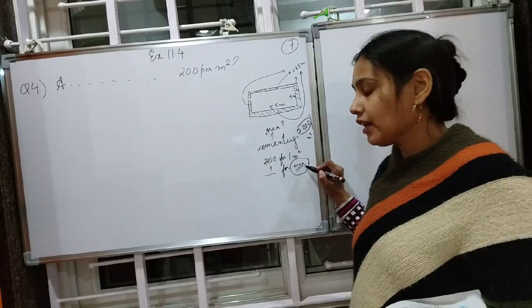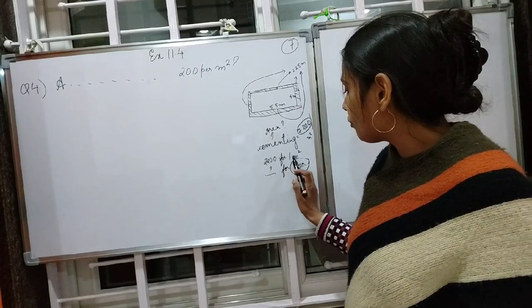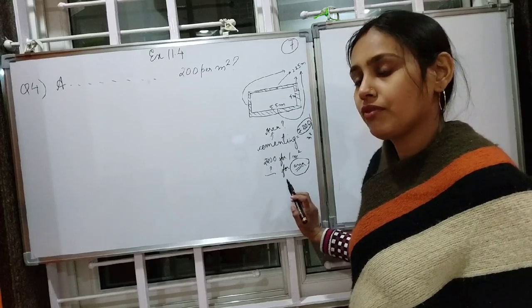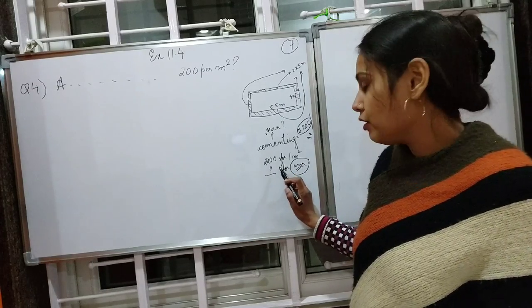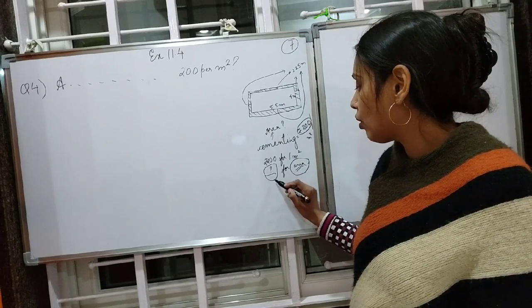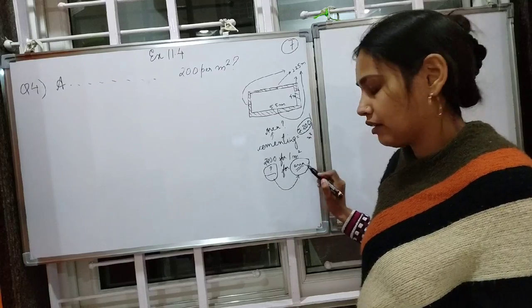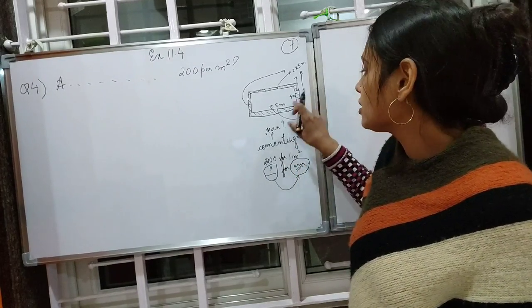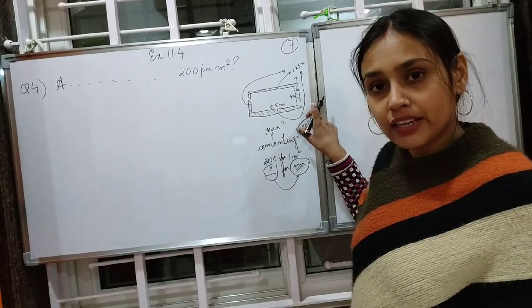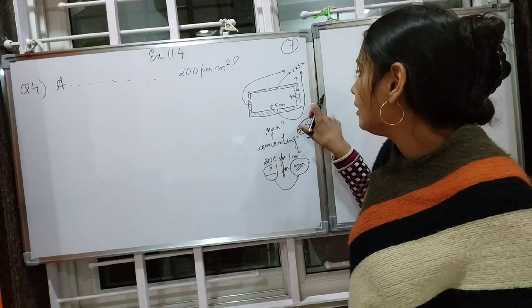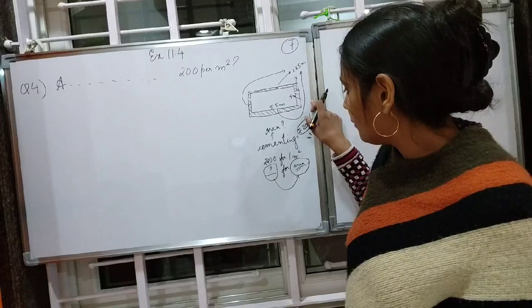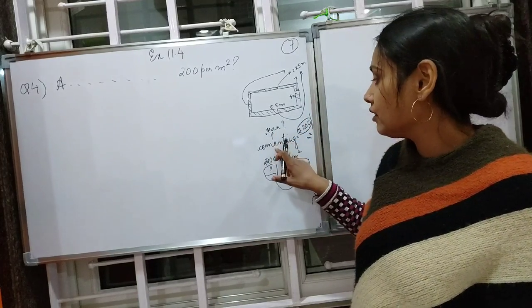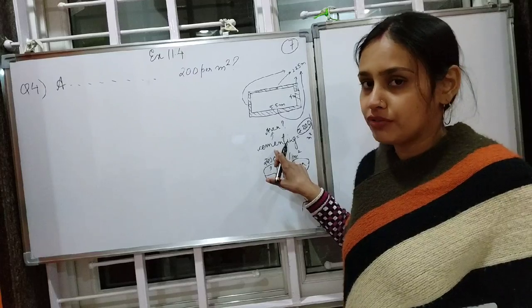So the cost of 1 is given, the cost of many is asked. What we will do? We will multiply to find the cost of the entire area. So what to do? First we find the new length and new breadth. And then we find the area of the veranda and then we find the cost of cementing.